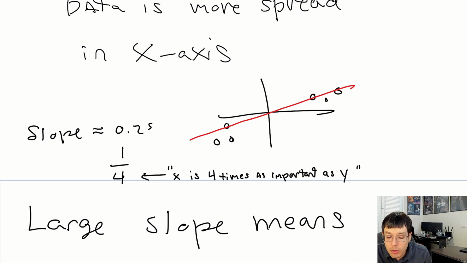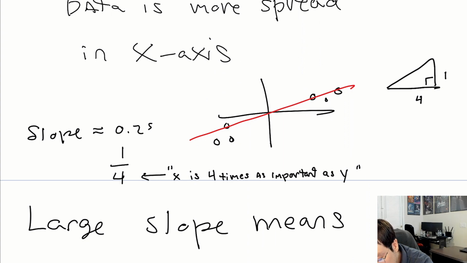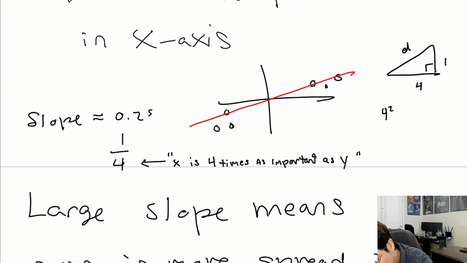So this will be 4, this will be 1. So what is D equal to? Well, Pythagorean Theorem. So 4 squared plus 1 squared is equal to, what is that, 16? Yeah, 17. Okay? And that's all equal to D, right?